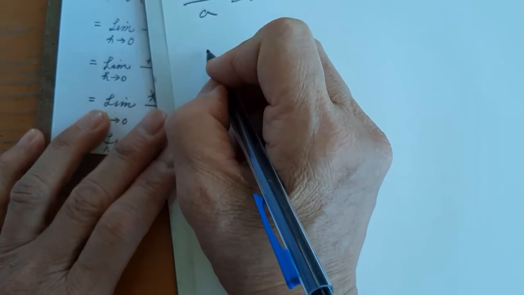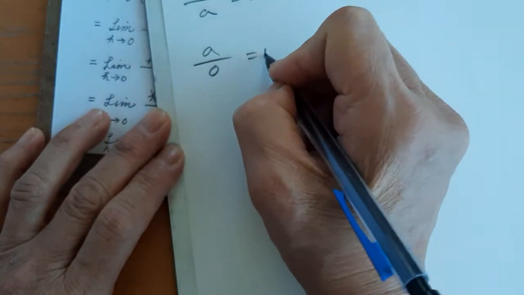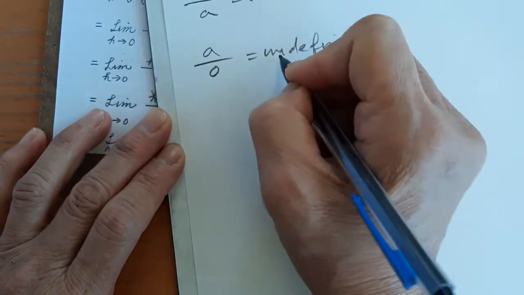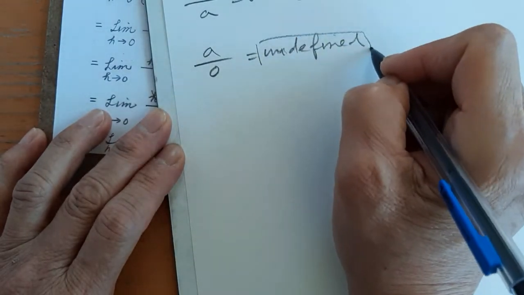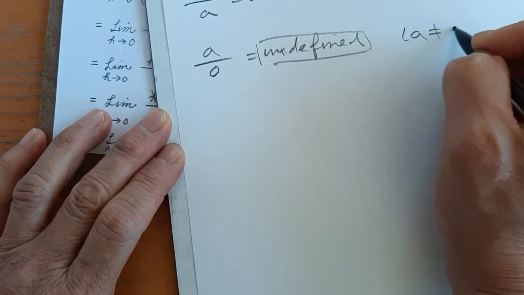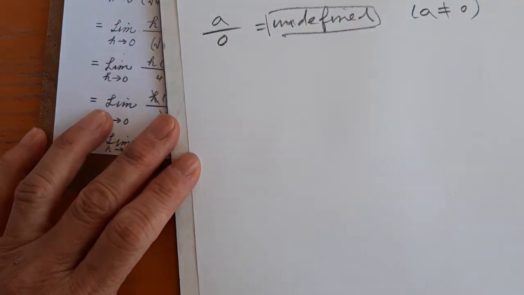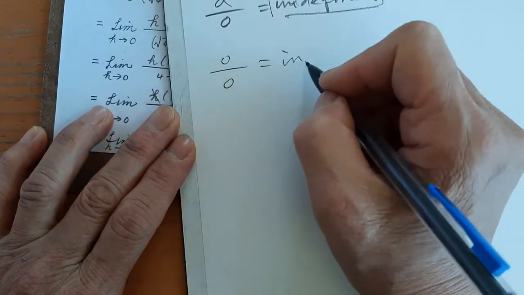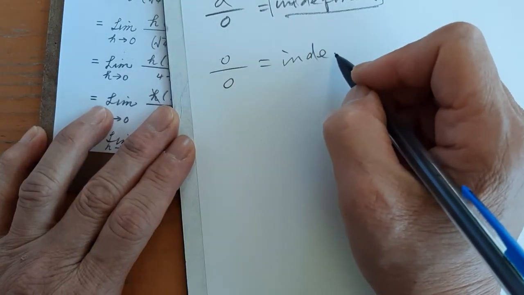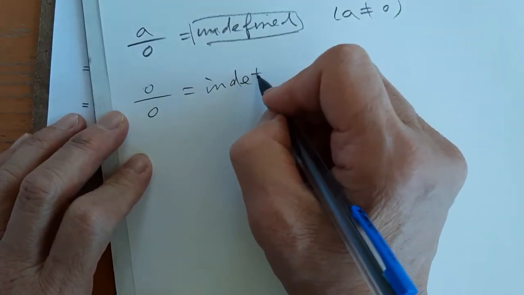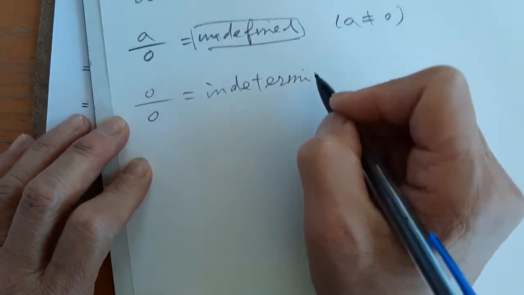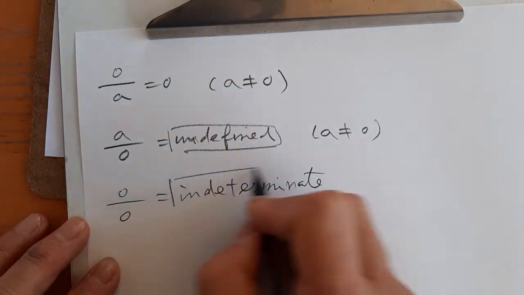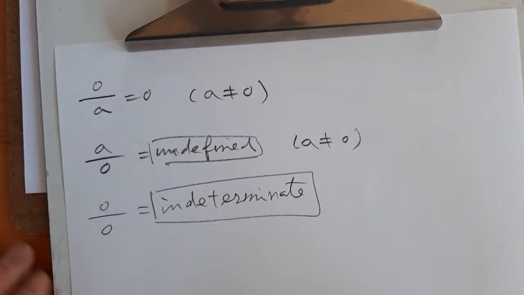The other one is a divided by 0 is undefined. There's no answer. Here a is non-zero. And the third case is 0 divided by 0. It can be any number and we don't know which one. So we say indeterminate. 3 cases.